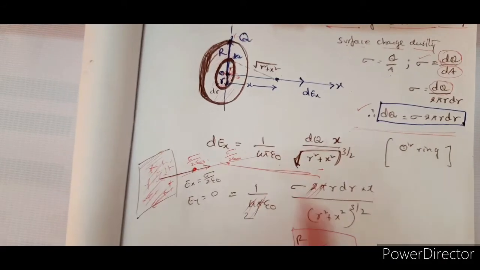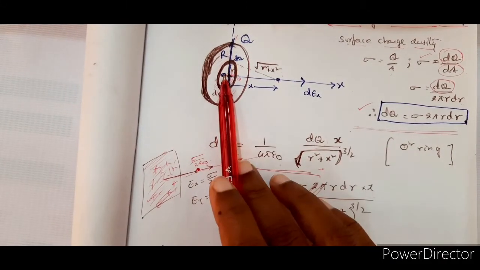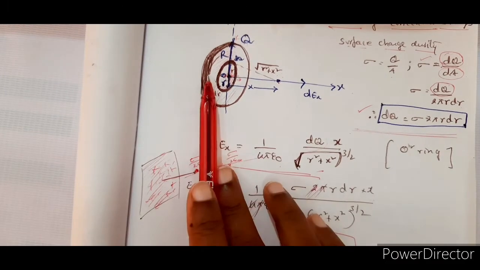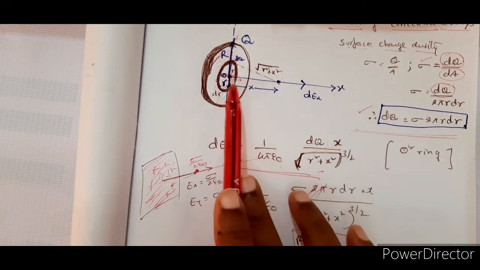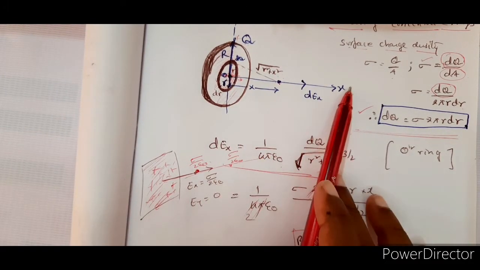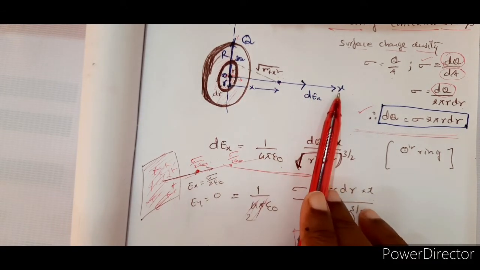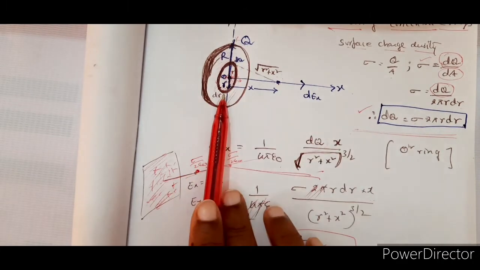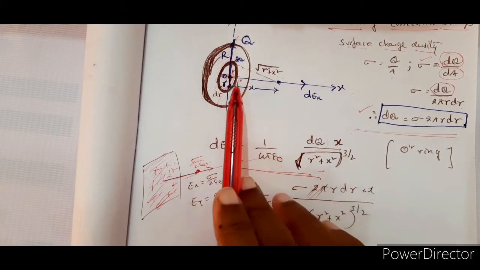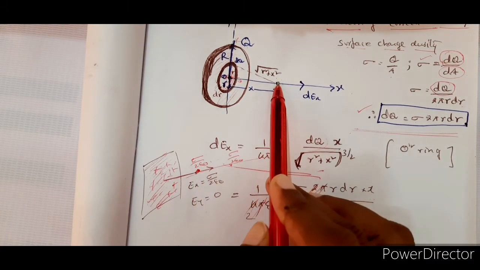You are taking a circular disk of radius capital R and a charge Q, and you want to find the electric field strength on the axis. Let the axis passing through the center be the x-axis, and the other one the y-axis. At a distance of x, you want to find the field.